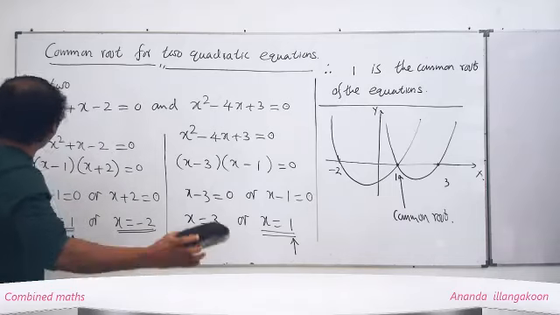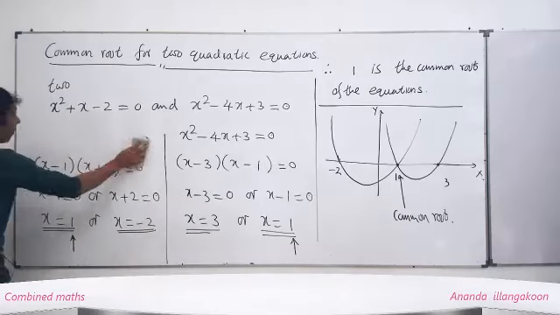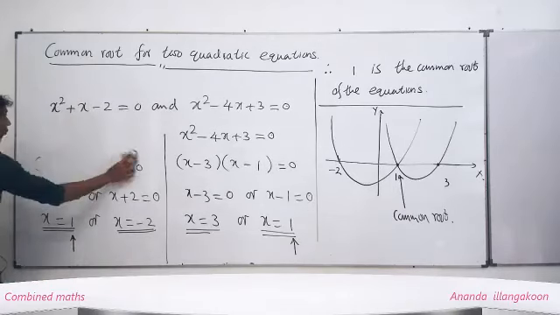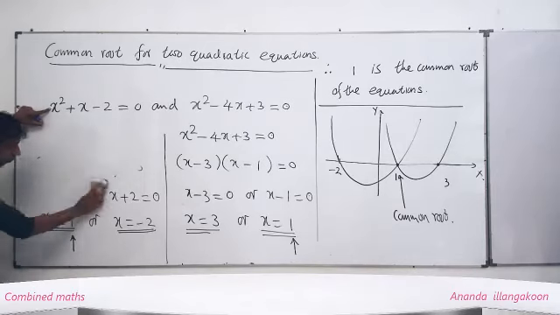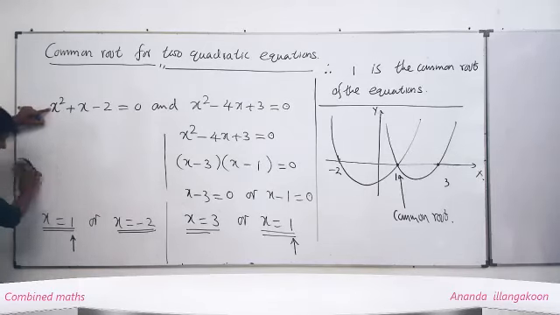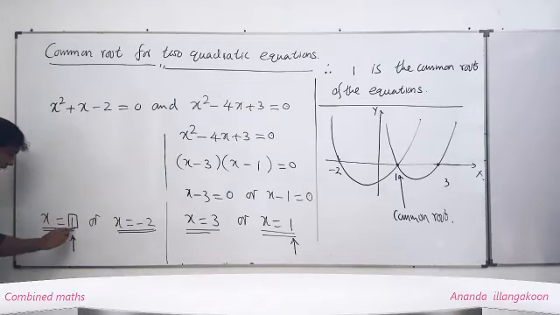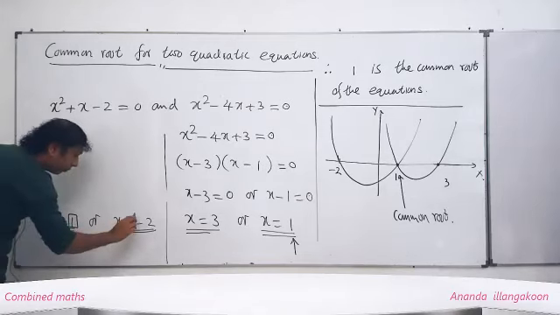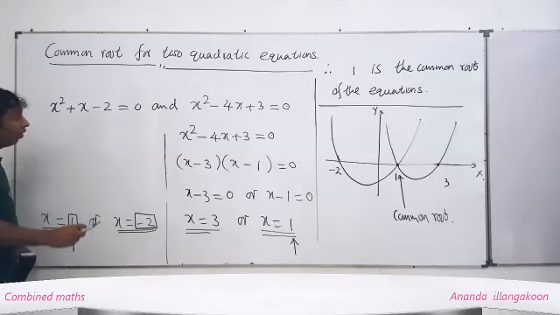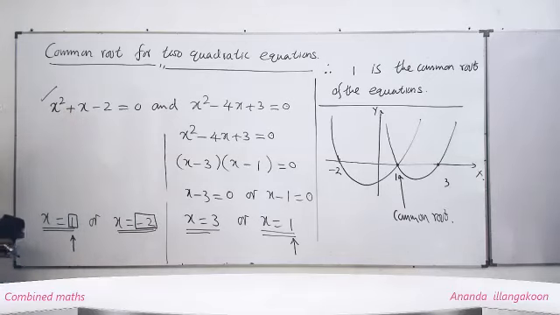This way we can explain that. For this equation, I have found the two roots as 1 and -2. Of this equation, the roots are 1 and -2.